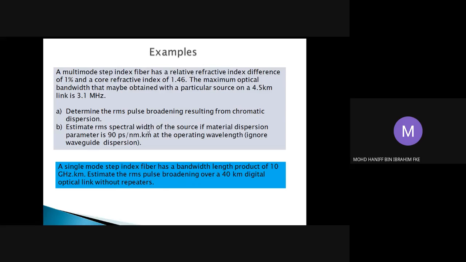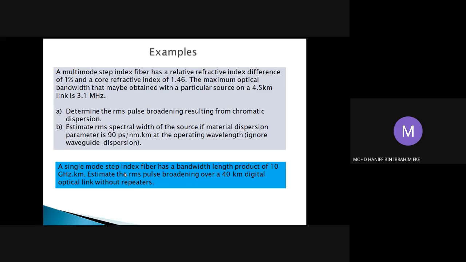To answer the first question, we know that we have a multimode step index fiber. For multimode step index fiber, the dispersion comes from two factors: the first is intermodal, and the second is chromatic dispersion. So the question now is, what is the RMS pulse broadening resulting from chromatic dispersion?